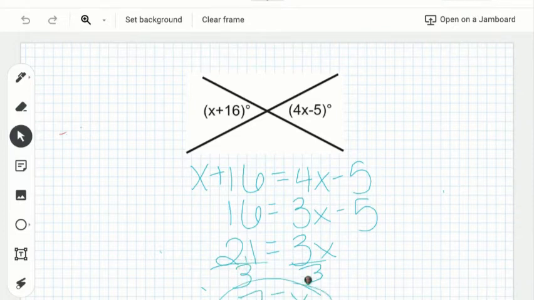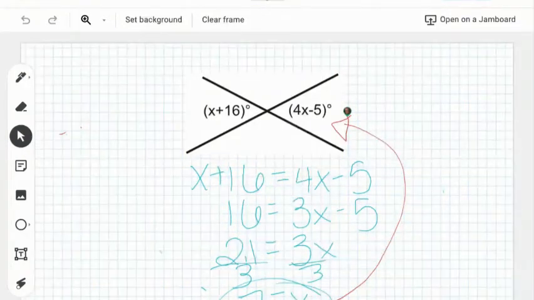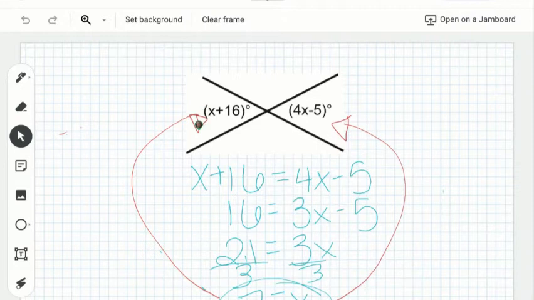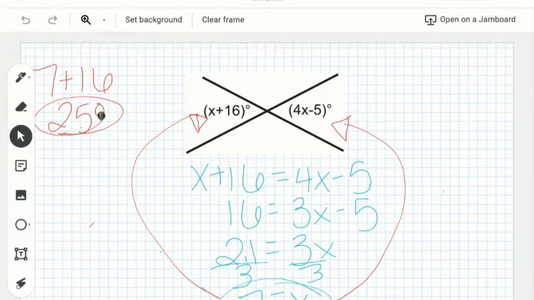So we know that x equals 7, but we're not done yet because we probably want to figure out what the actual angle measurement is. So we can plug it into either expression. I'll plug it into both just so that you can take a look. I get 25 degrees on this side.